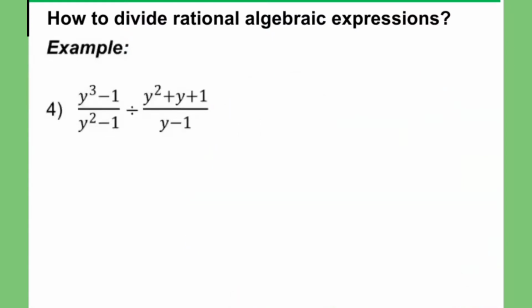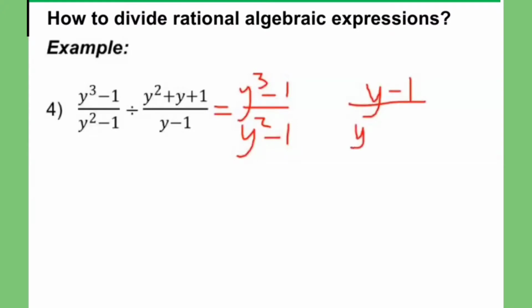So the same process. So we copy y cubed minus 1 all over y squared minus 1. We get the reciprocal of the second rational expression. So that becomes y minus 1 all over y squared plus y plus 1.